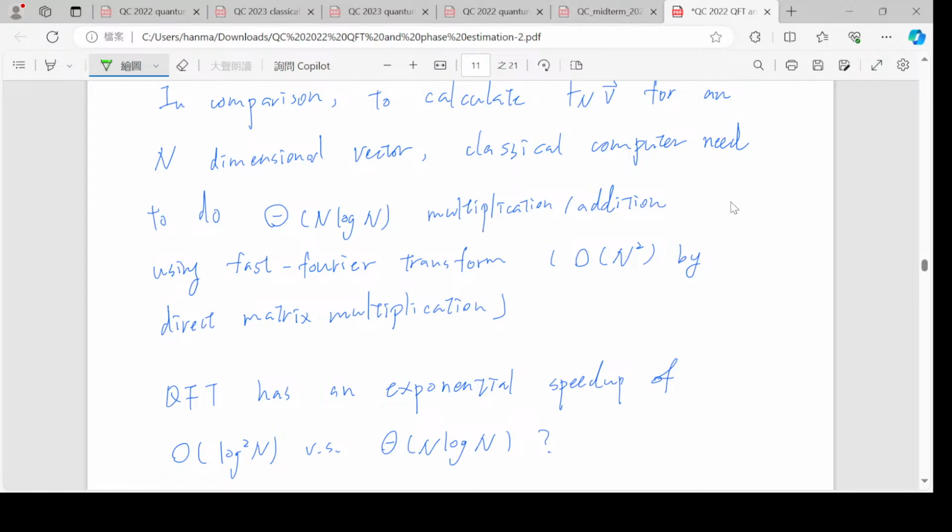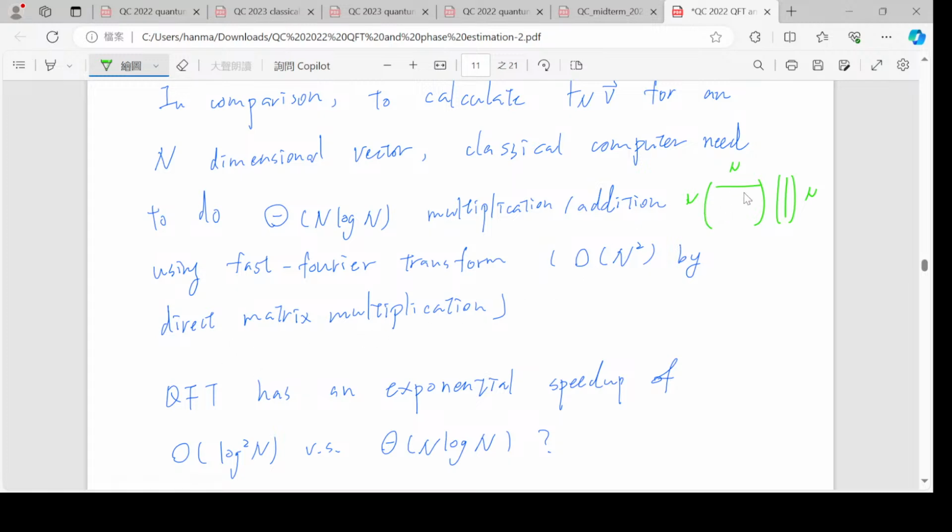If you just do brute force matrix multiplication, you have an N by N matrix times an N-dimensional vector. For each coordinate you need to do an inner product with an N-dimensional vector, so that's N multiplications and additions, and there are N of them, so it's order N squared, right?